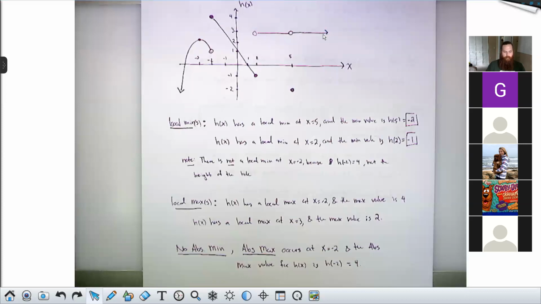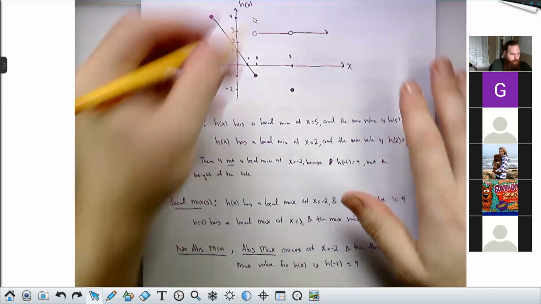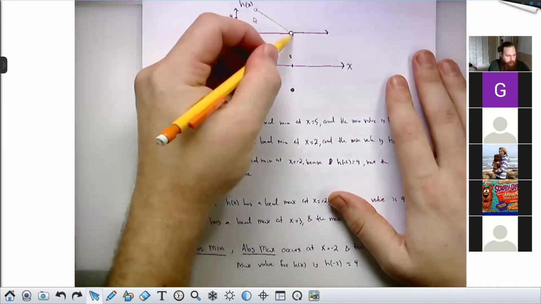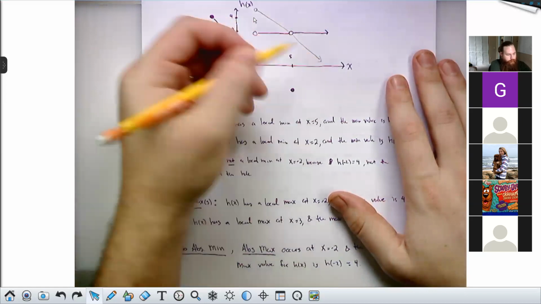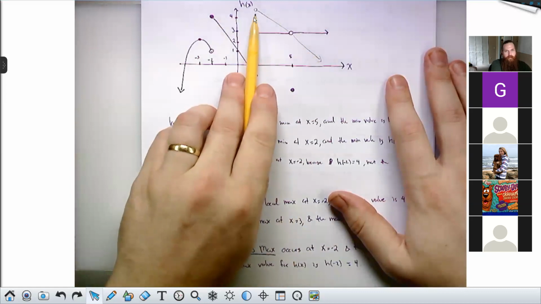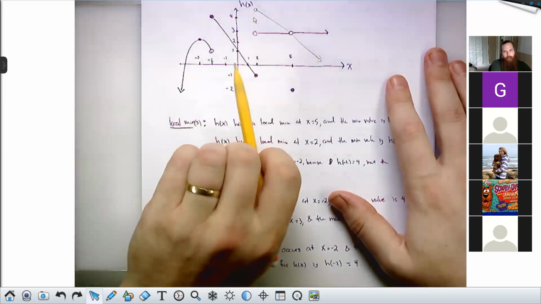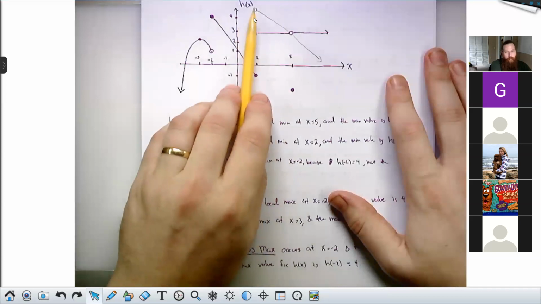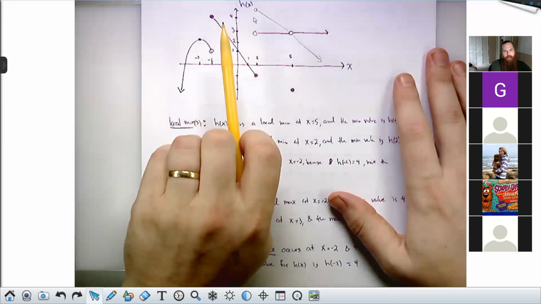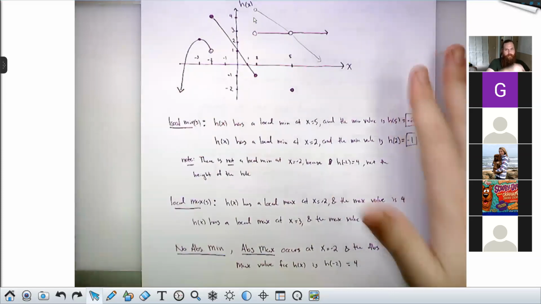I'm sorry, on the other side, if it's tilted down and it's still open, like you said, there won't be any local max, even though there's points after that. True. So if this looked like this instead, I'll draw it in pencil. Please don't add this to your notes because I don't want you to confuse yourselves. If this looked like this instead, then we would still not have a max here because it's open. If this was filled in, then we would have a max here. Make sense? Yes. Okay, cool.